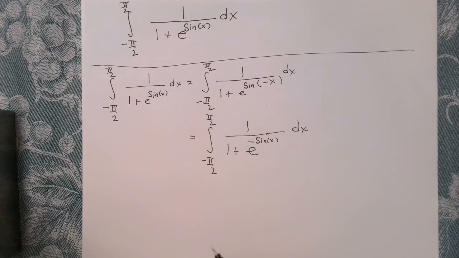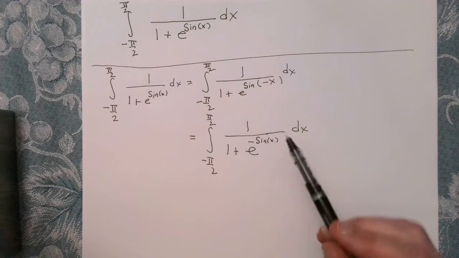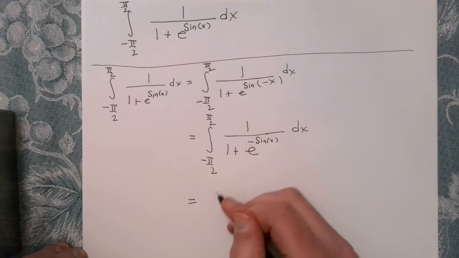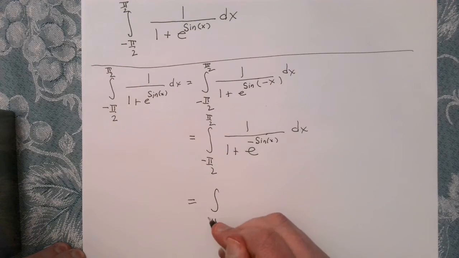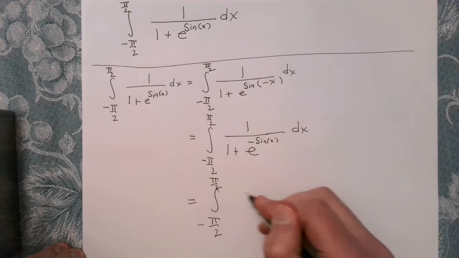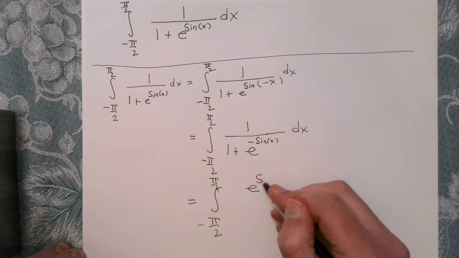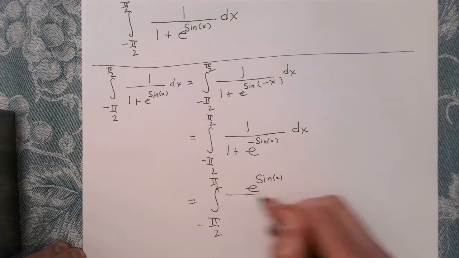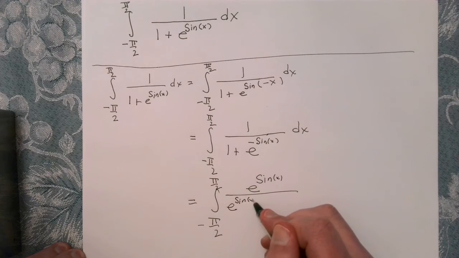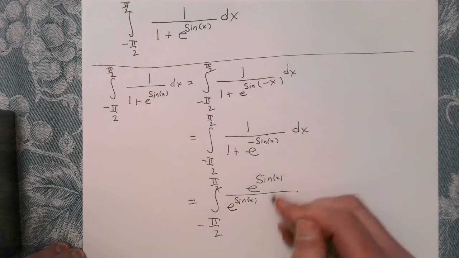Okay, so we're going to do a little bit of algebra here. We're going to multiply the top and the bottom by e to the sine of x. So that means we have e to the sine of x here over, well, this will be e to the sine of x right here, and this will be plus 1.